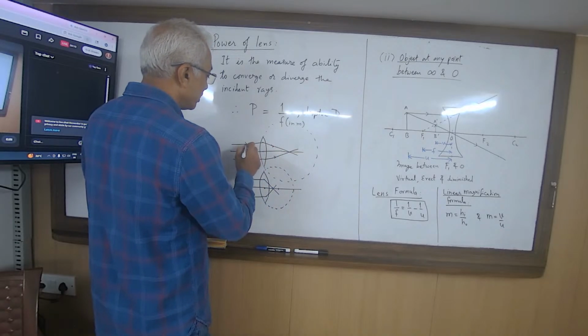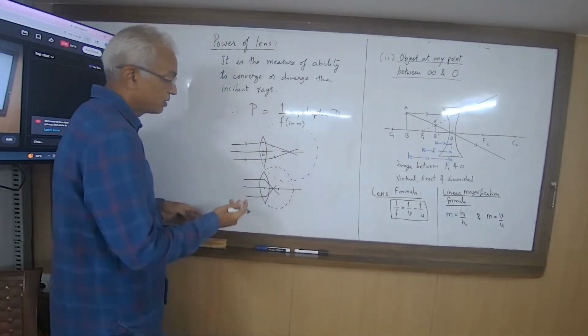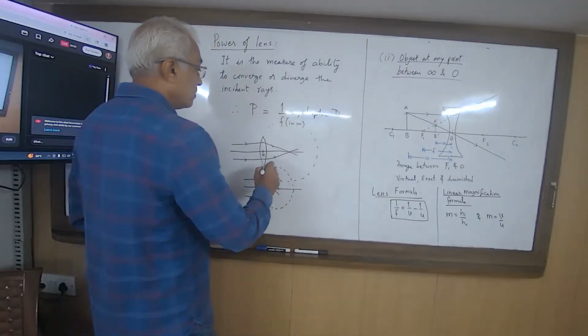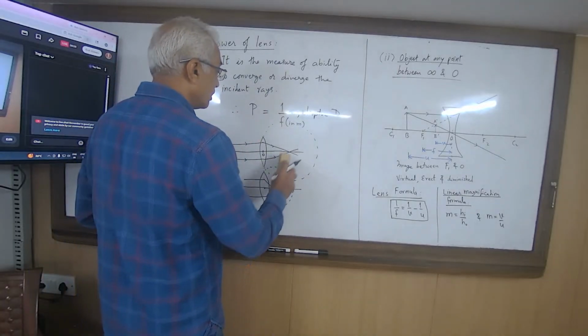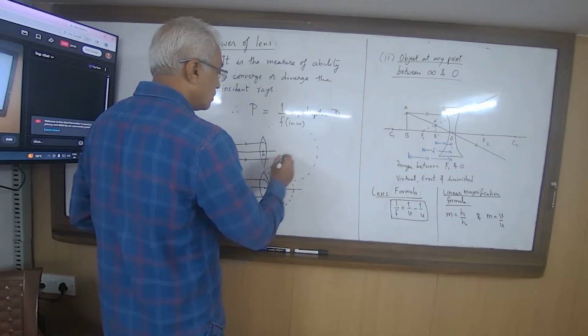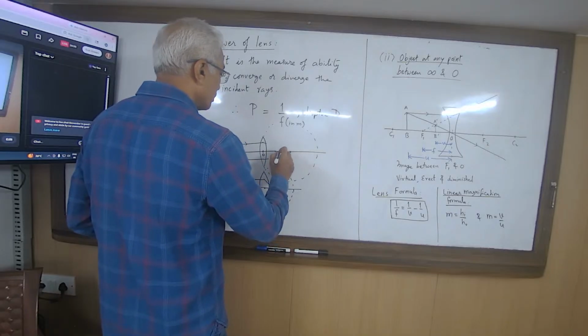So I hope you get the idea now. What is the meaning of convergence and divergence? Likewise, a thick concave lens will diverge more. Oh, sorry, this is the center of curvature. So let's focus on this one.